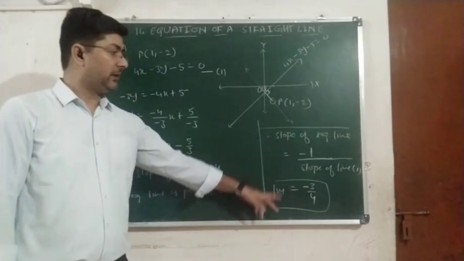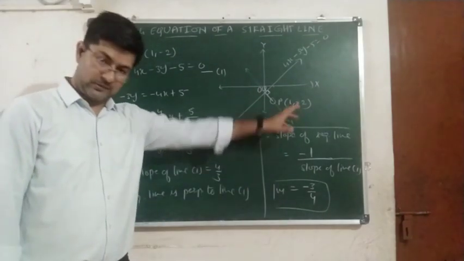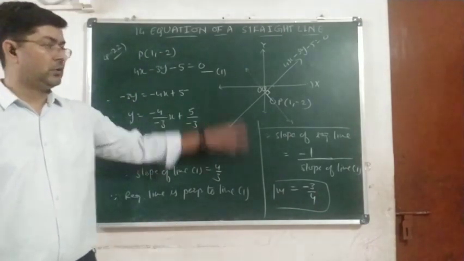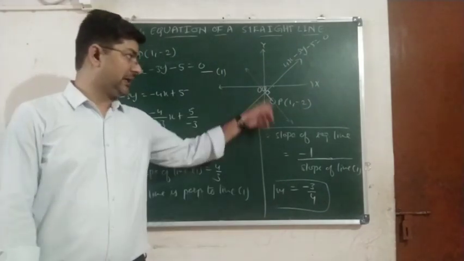Now we have the slope and a point is given, P(1, -2). So we can use the point-slope formula to form the equation of line PQ.